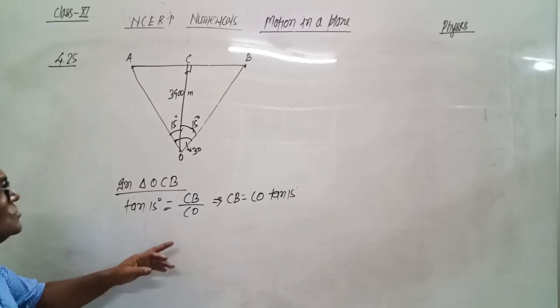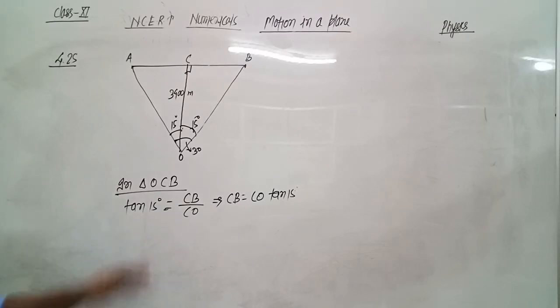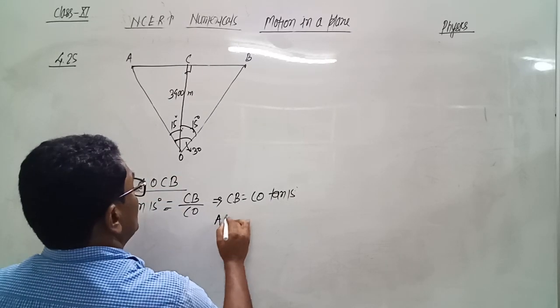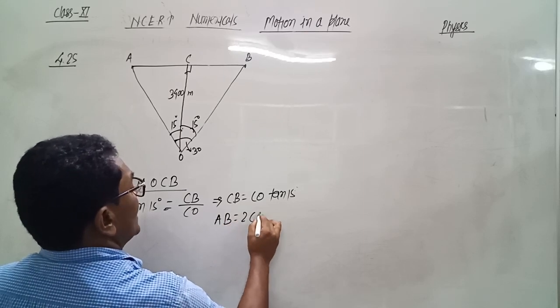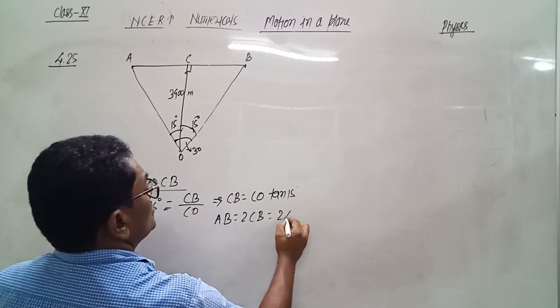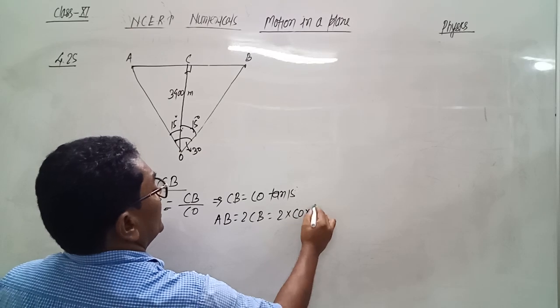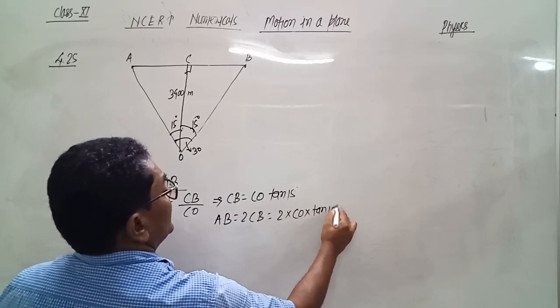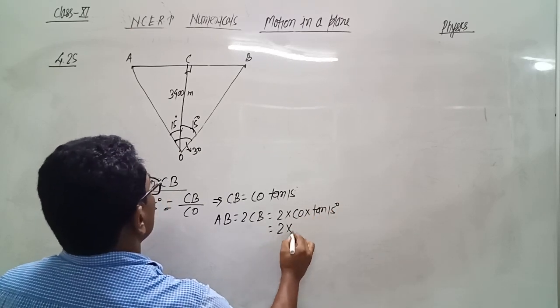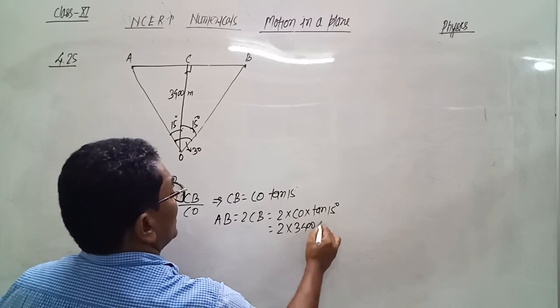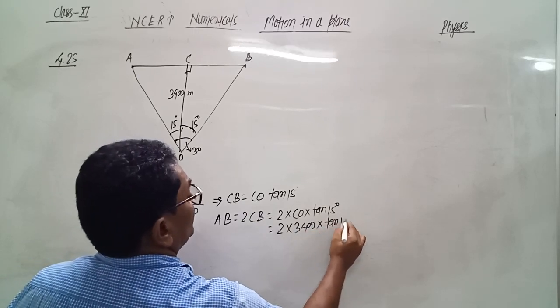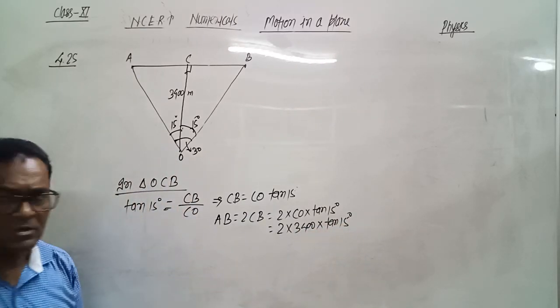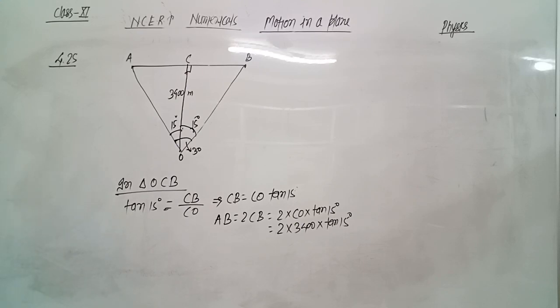So CB equals CO tan 15 degrees, and the whole distance AB equals twice CB, which is 2 into CO into tan 15 degrees. The value of CO is 3400, so AB is 3400 into 2 into tan 15 degrees.